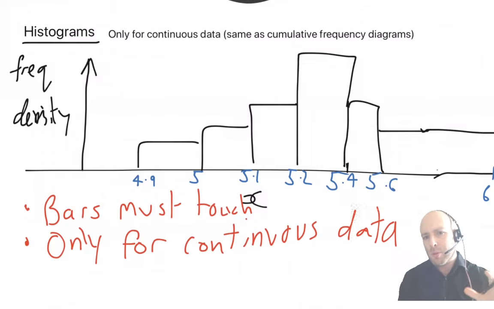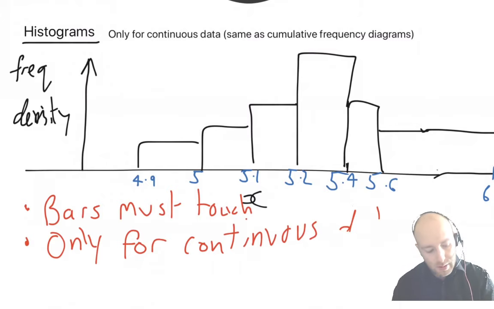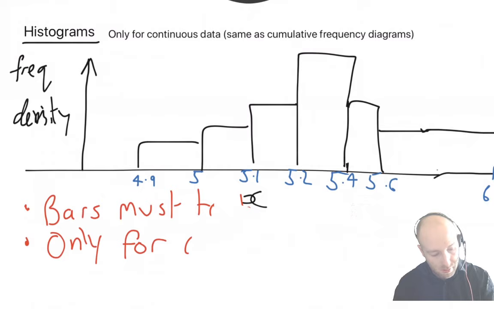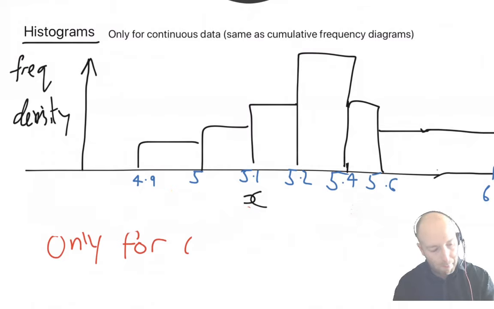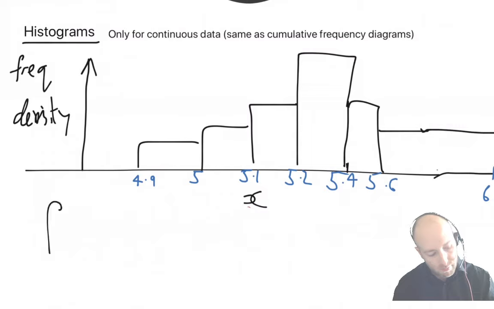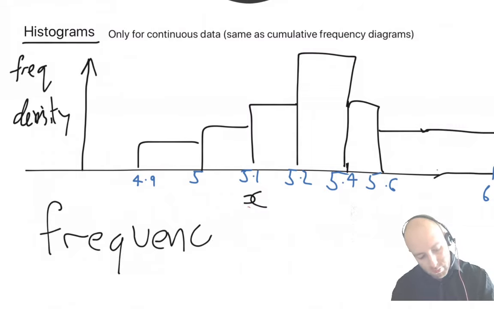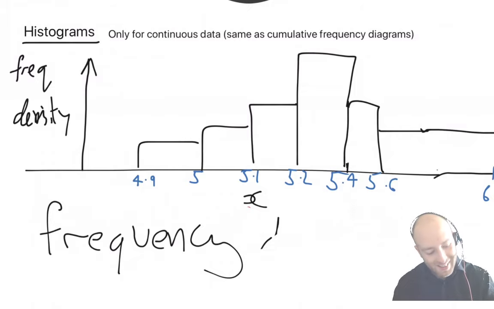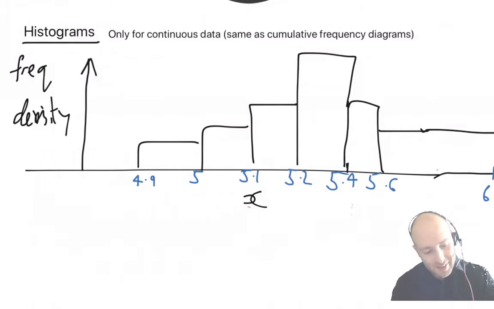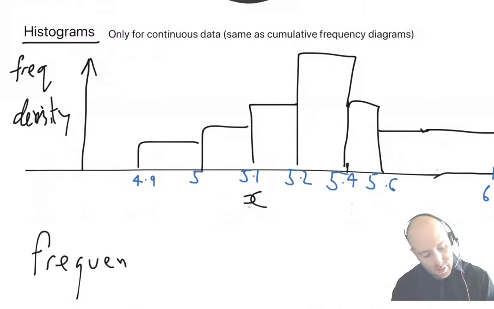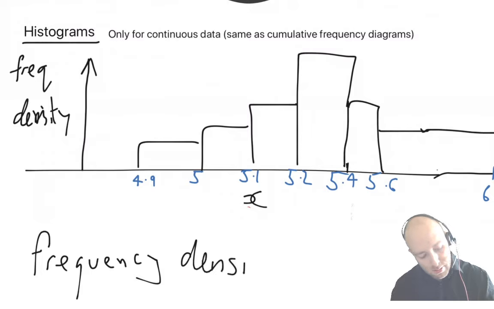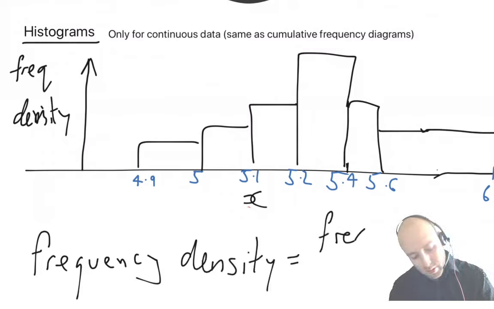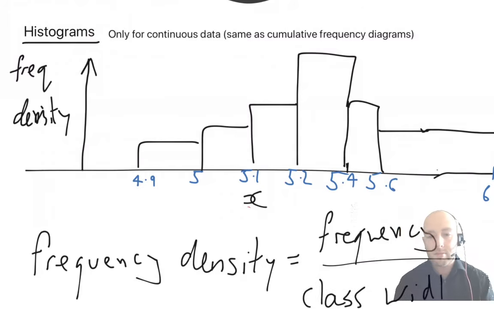And there's a couple of important equations to remember with histograms. The first one being that frequency density equals frequency over class width.